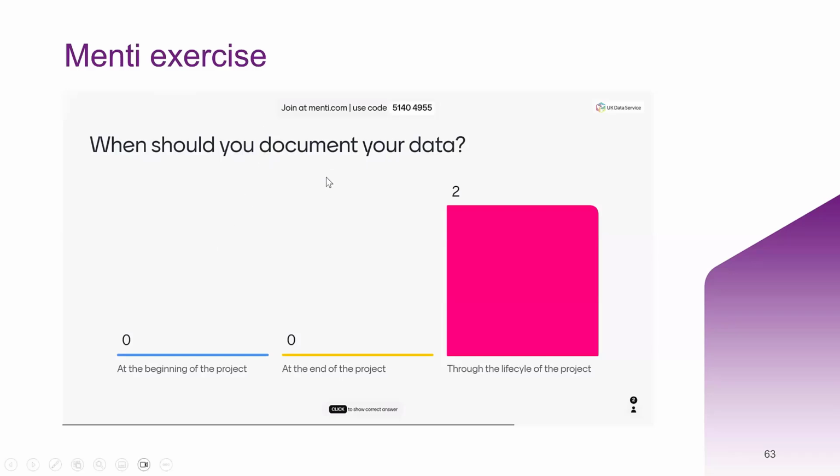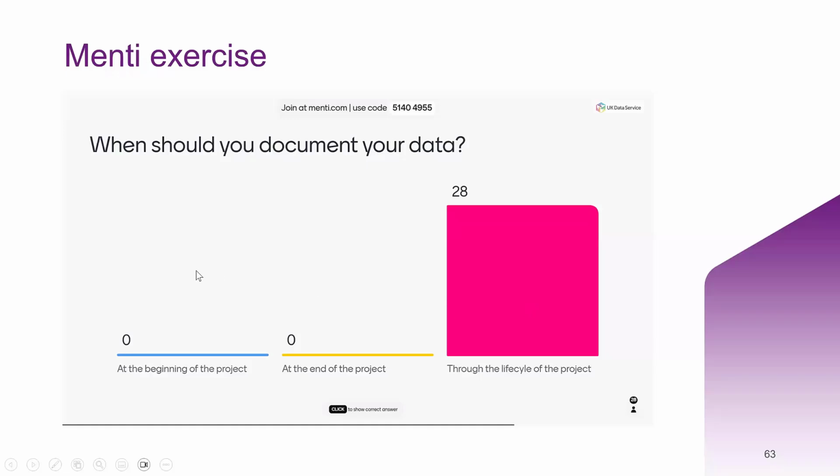Oh, people are already doing the Menti. That's fantastic. When should you document your data? We have at the beginning of the project, at the end of the project, and throughout the life cycle of the project. And we're getting fantastic answers. That is very, very correct.